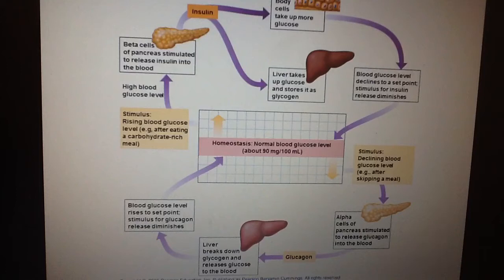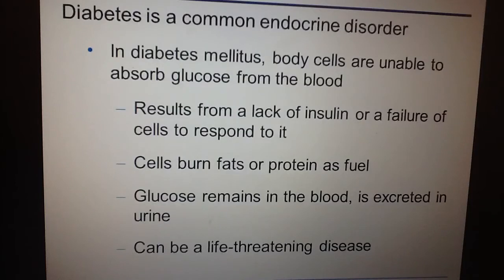If we don't have enough glucose in our blood, maybe after we've missed a meal or we're really hungry, that's that low blood sugar you feel, then the pancreas is going to release the hormone glucagon. Glucagon tells our liver, hey, stop storing, break off the glucose from our glycogen, release it into the blood, and then our body can use it and our blood level rises.